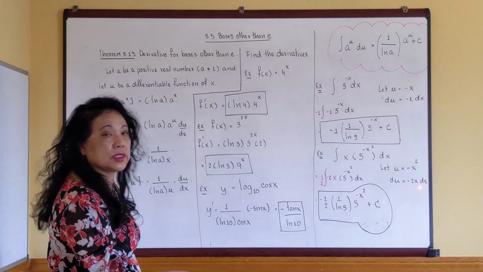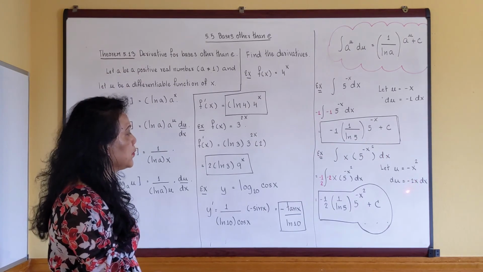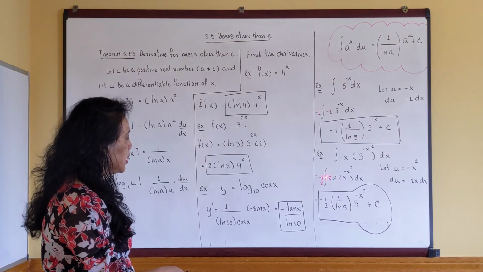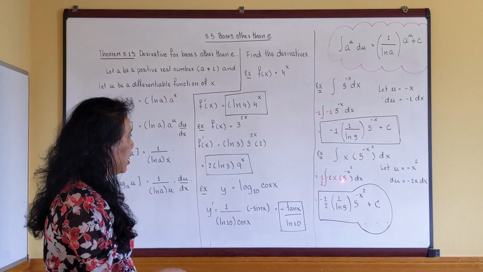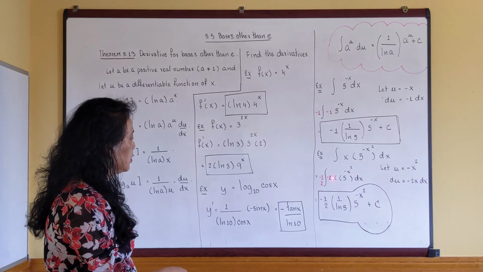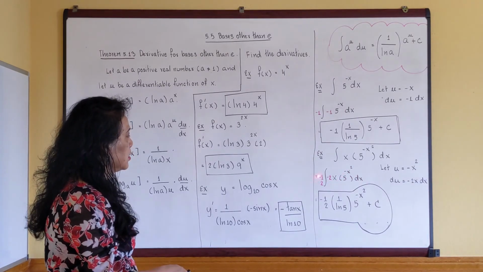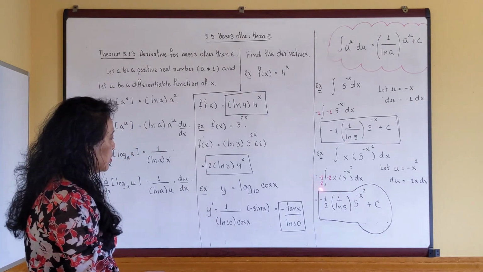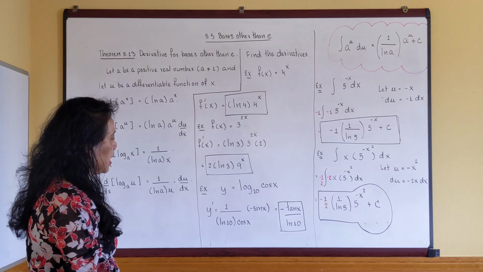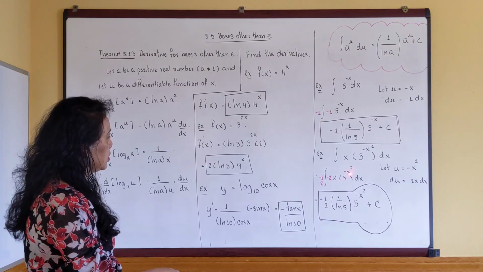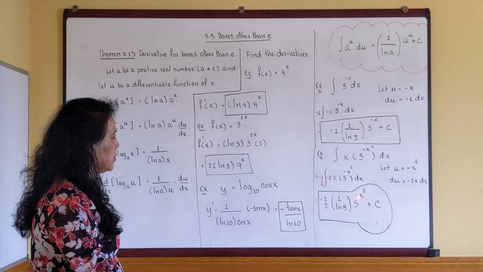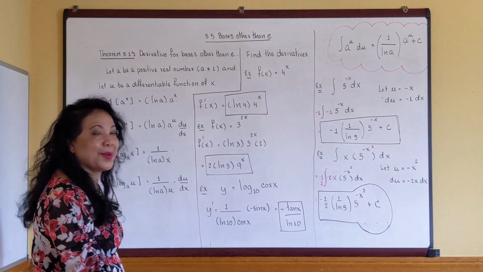So if I have negative 2x dx, I will have my du. So I'm going to put negative 2 here. So I will have a to the u du. So I put 1/2 in the front. Now when I take the integral, the 1/2 here is coming down and this is just a to the u du, which is 1 over ln 5 times 5 to the negative x squared plus c.